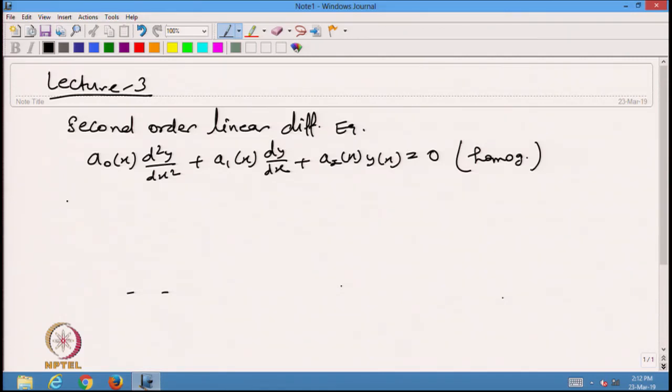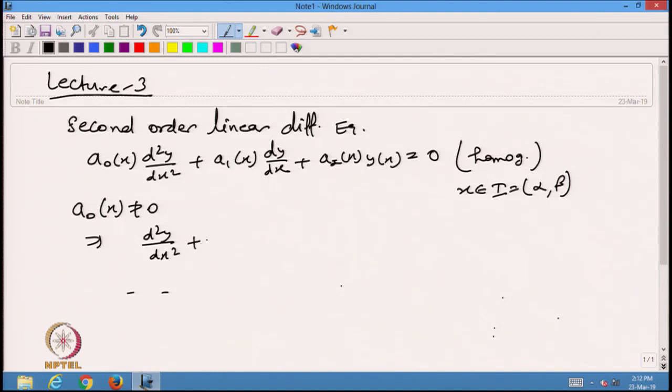Now I am defining this where my x belongs to some interval, which I take as an open interval between alpha and beta. I assume that a0(x) is not equal to 0, so I divide by a0. This equation reduces to a1(x) over a0(x) dy by dx plus a2(x) over a0(x) y(x) equal to 0.